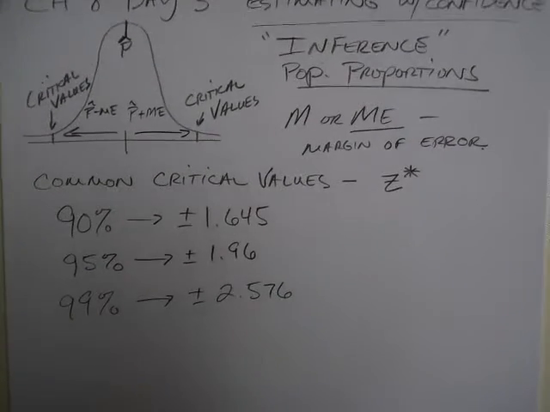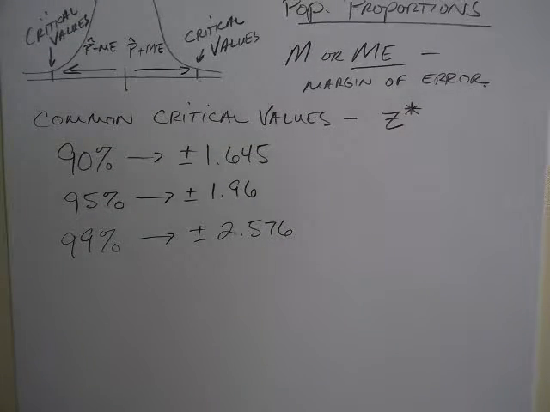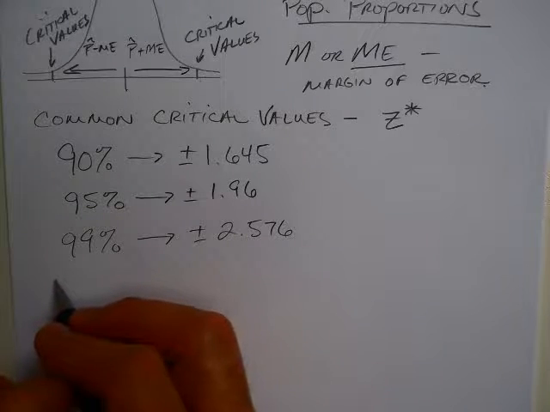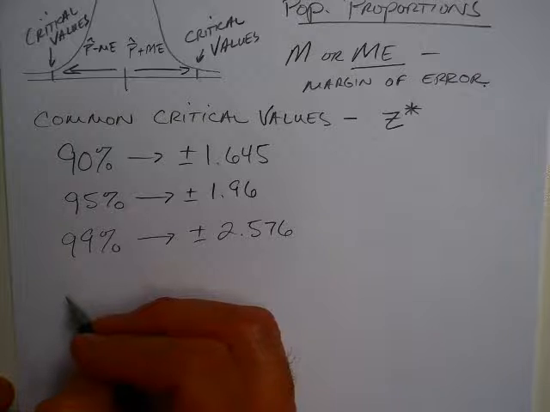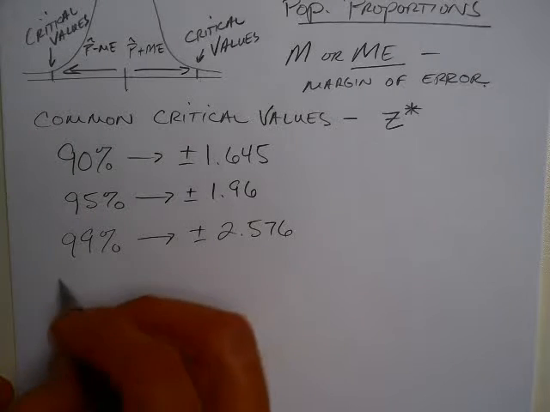So you'll see Z star is a new symbol, M or ME is a new symbol. But the star, don't let that freak you out, it's just plus or minus. So if we don't know any parameters, we can't really do the standard deviation the way we have in the past.